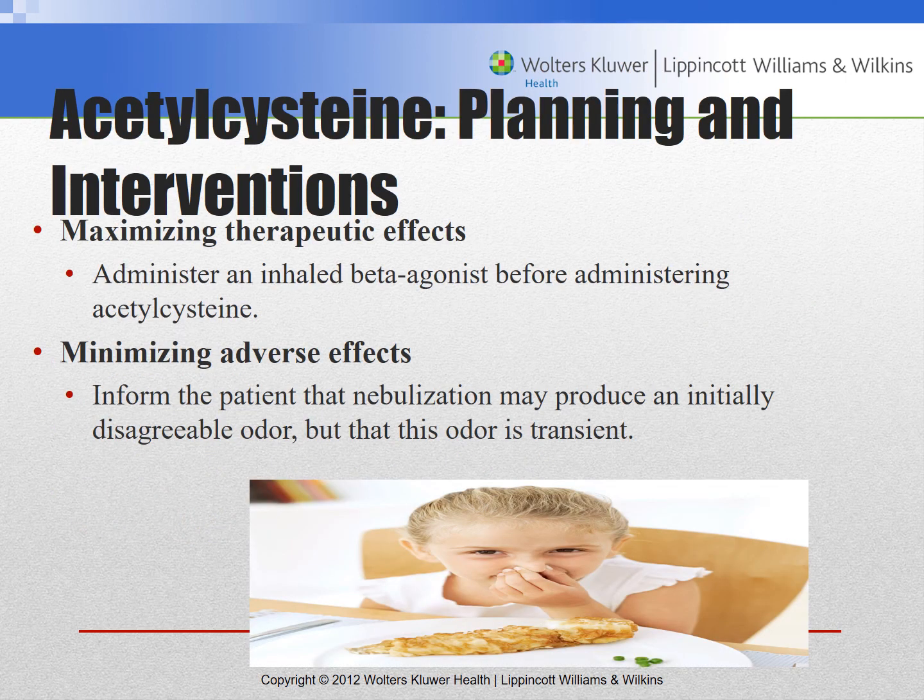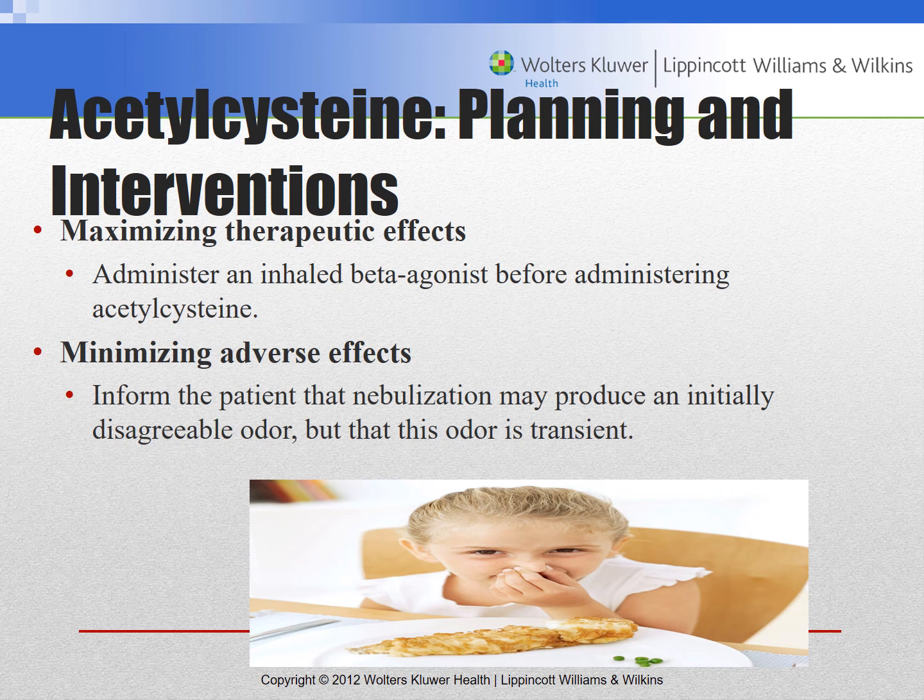In talking about maximizing therapeutic effects, we do want to make sure to administer an inhaled beta agonist before administering acetylcysteine. Now, we're going to talk about beta agonists in just a few minutes, but what you need to remember there is when we say beta agonist, that's a stimulation of those beta cells.